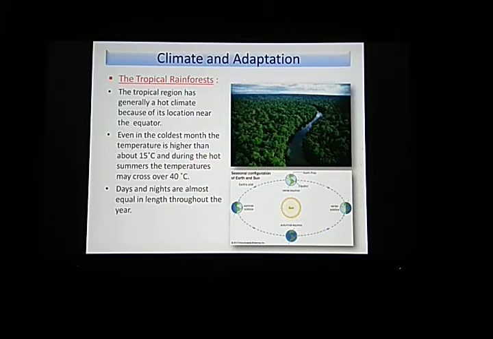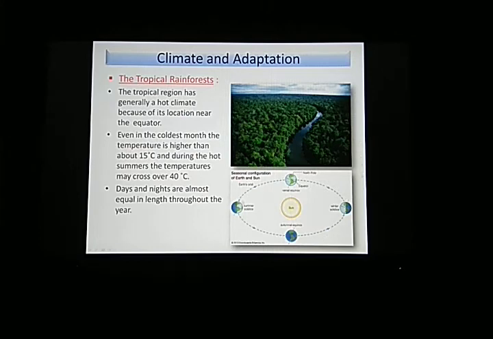But this is not so in the case of the equatorial regions, which are near the equator. You can see this is the equator, the middle. If we divide the Earth into two halves, then the middle portion is called the equator. So for those regions which are near the equator, you can see the seasonal change during the whole year.